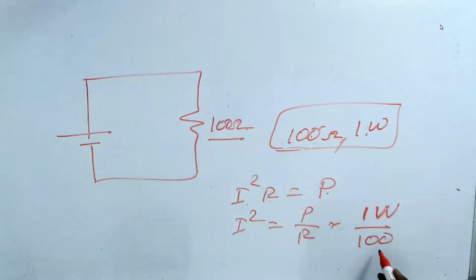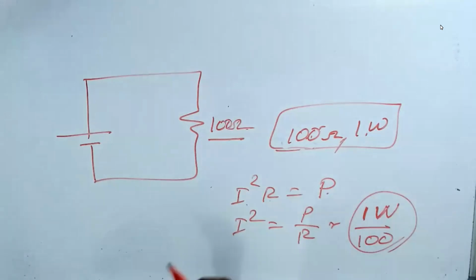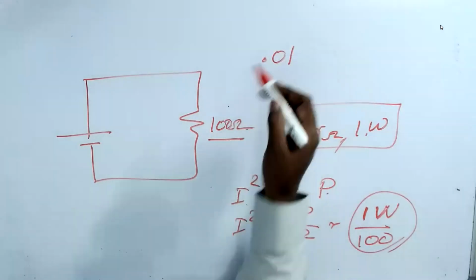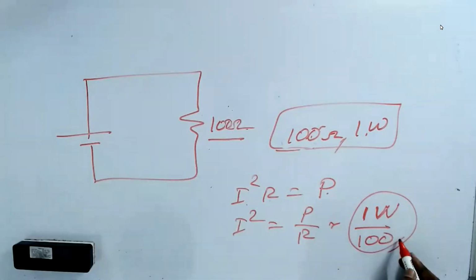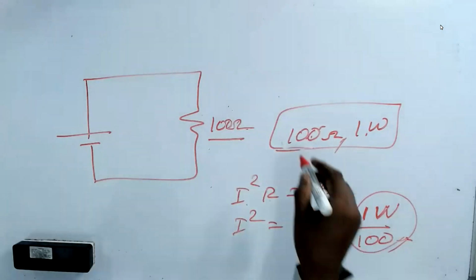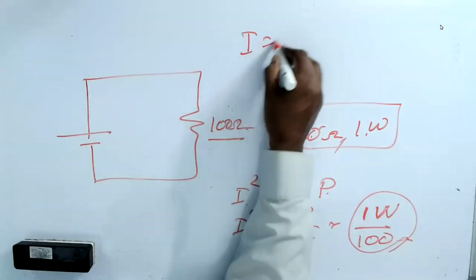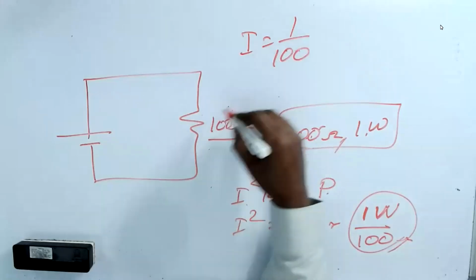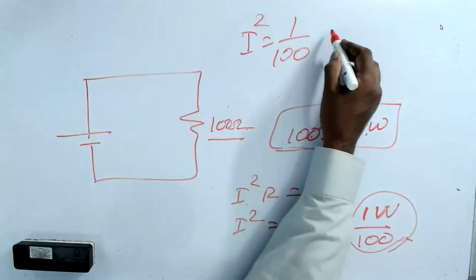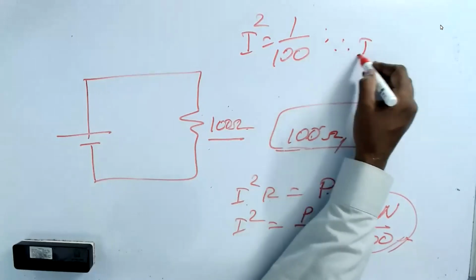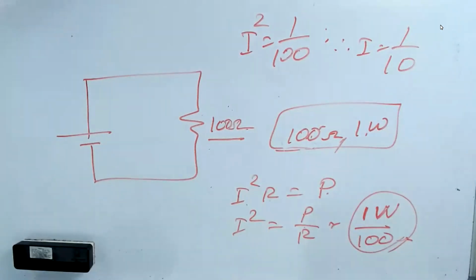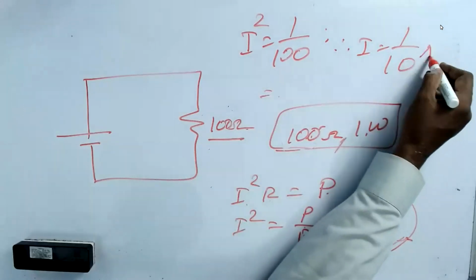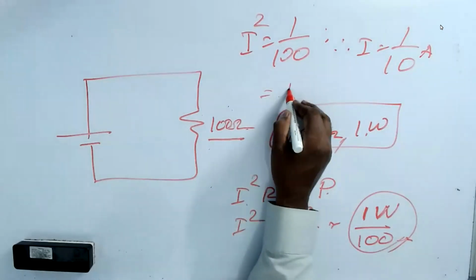So 1 by 100 itself. I square is equal to 1 by 100. Therefore, I is equal to 1 by 10. Understand? 1 by 10 ampere, which is equal to 100 milliampere.